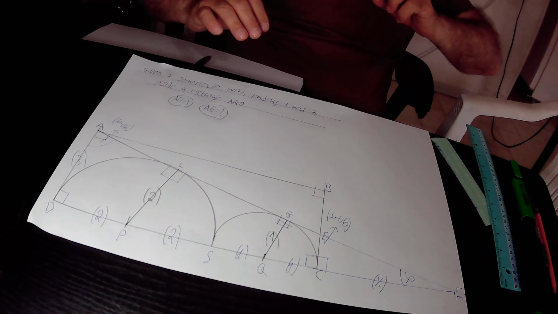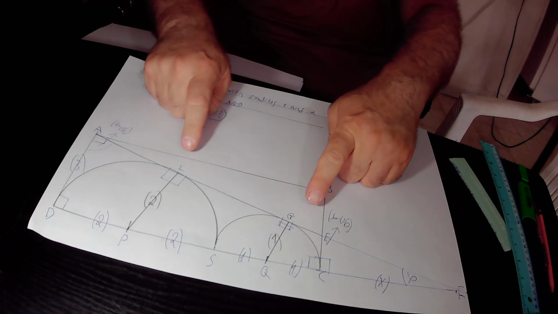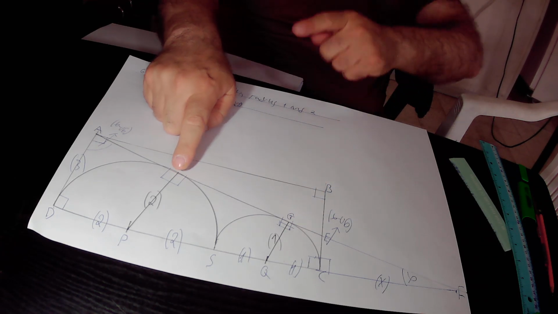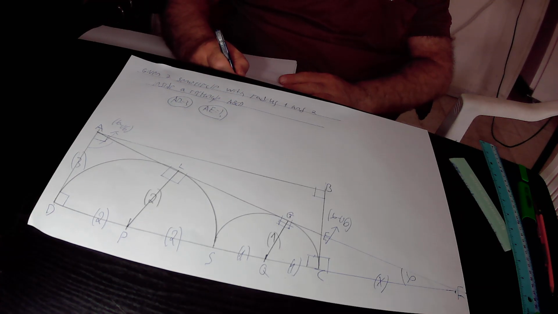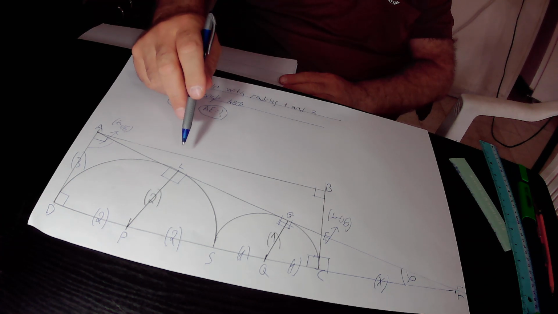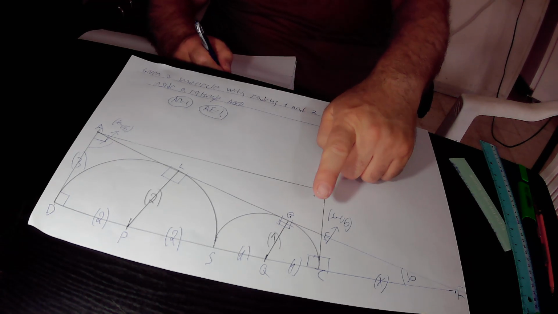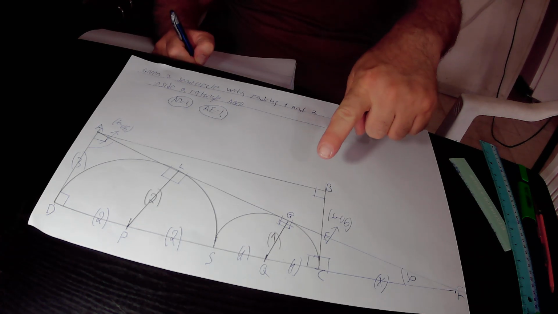Why are those two right triangles similar to each other? First of all, those two angles are both equal to 90 degrees, therefore they are equal to each other. This is angle PLF in the big right triangle LPF, and it is equal to this angle, which is angle QGF in the small right triangle GFQ.